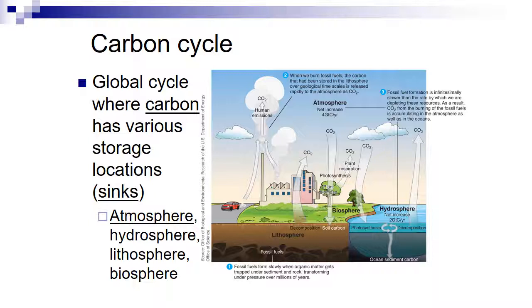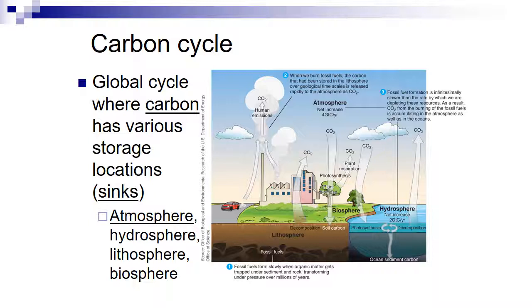So there's different places in our atmosphere. The hydrosphere, so the air, the water, the lithosphere is the ground, and the biosphere are your plants. And each of those areas can hold or contain, store carbon dioxide.